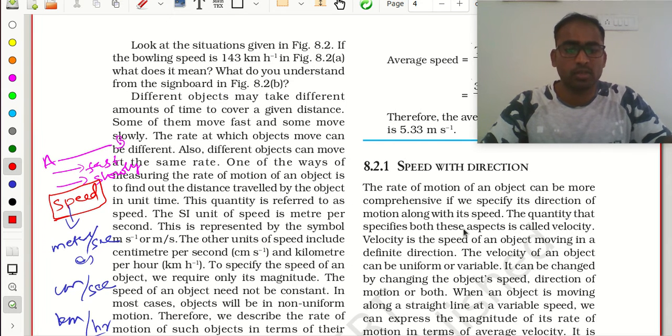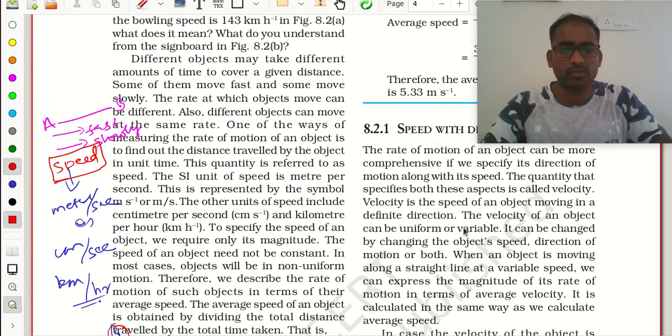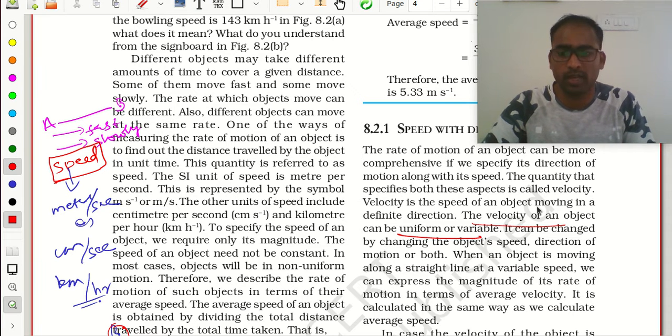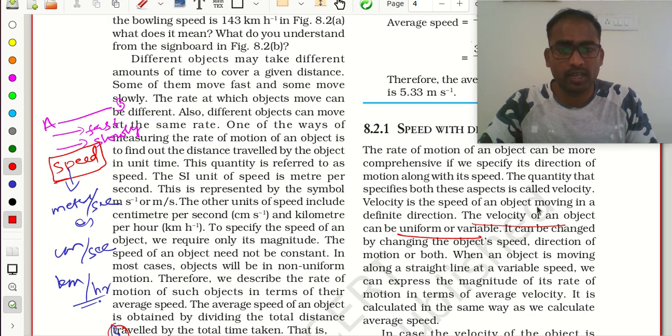The velocity of an object can be uniform or it can be variable also, like speed. But here we are telling the direction, so plus and minus.